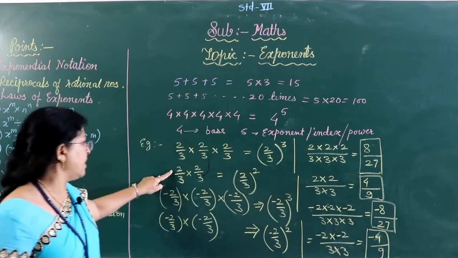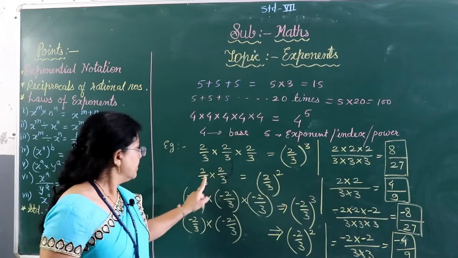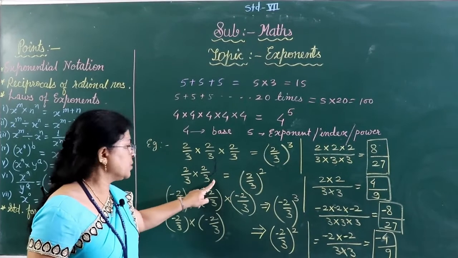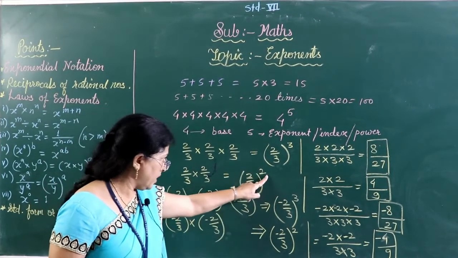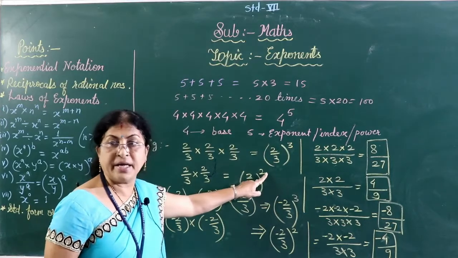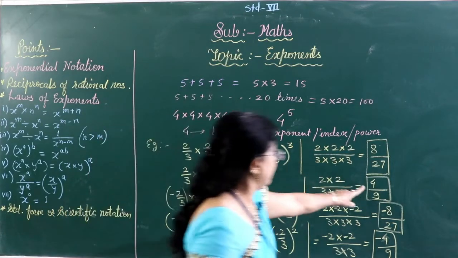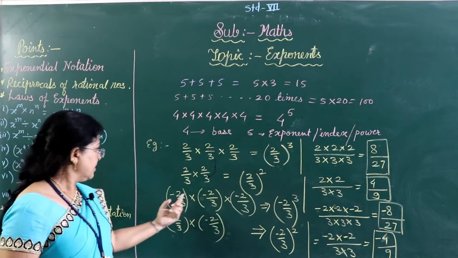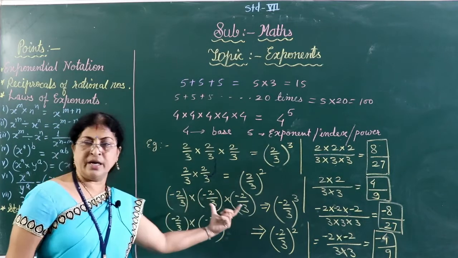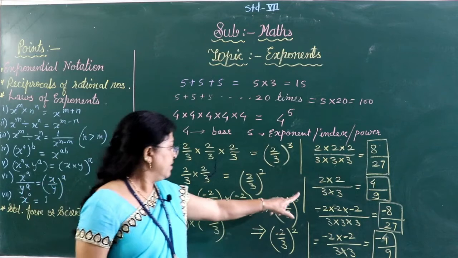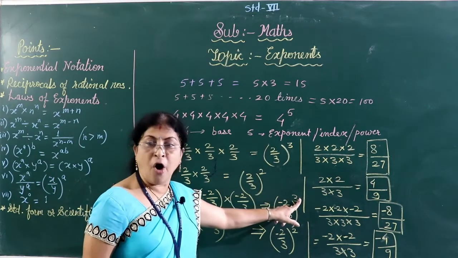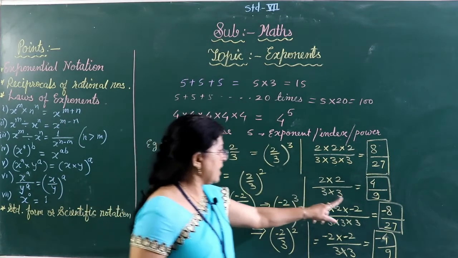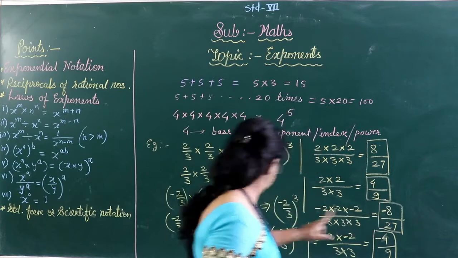In this second example, the rational number is positive, its exponent is an even number, and the answer is positive. Now next, see, compare this. These three are negative rational numbers having an odd exponent, then our answer comes negative, right?